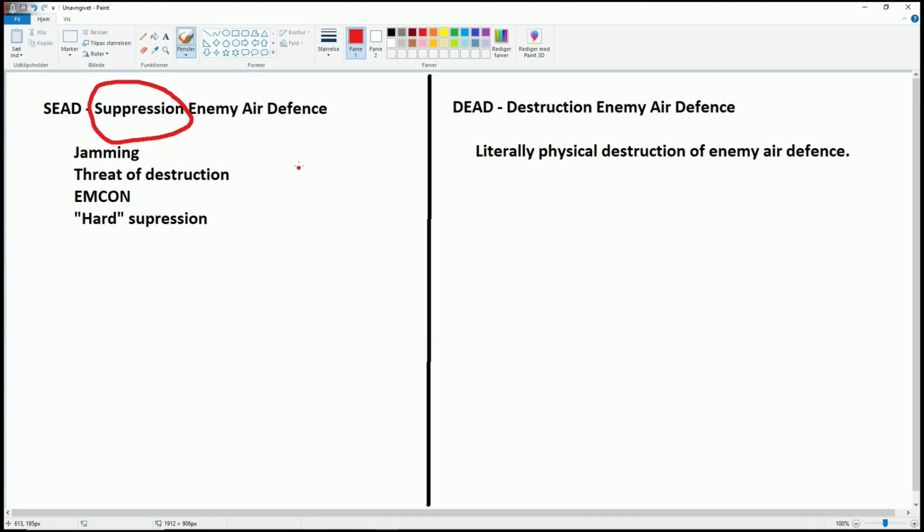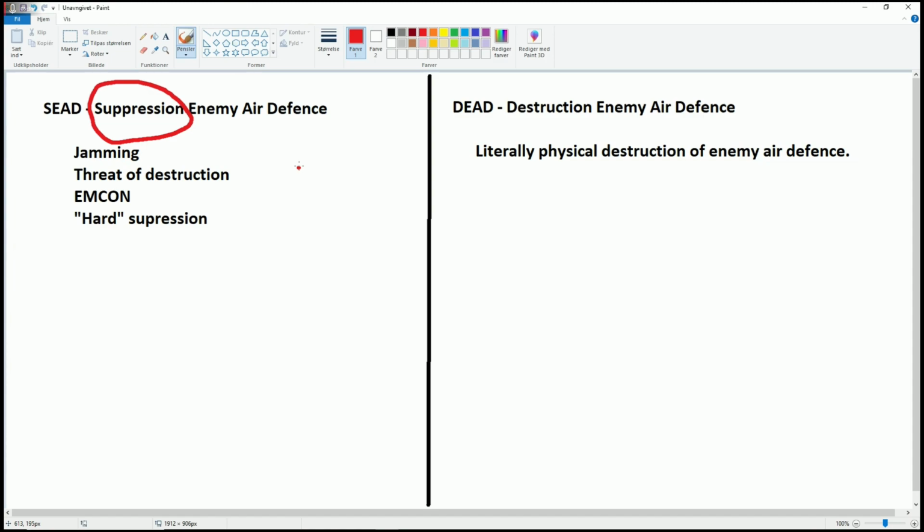If you fire an anti-radiation missile towards the enemy radar, your purpose is not exclusively and solely the destruction of the enemy radar. All you want to do is to make them not use that radar.